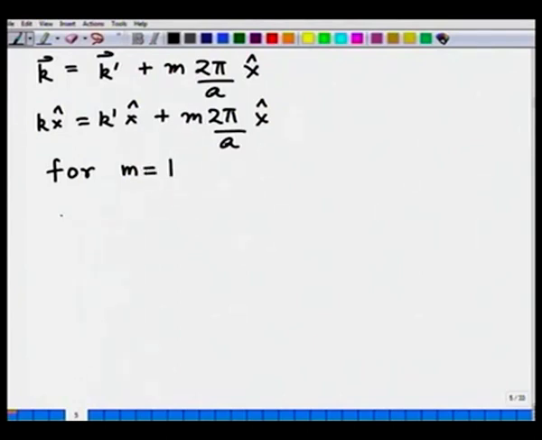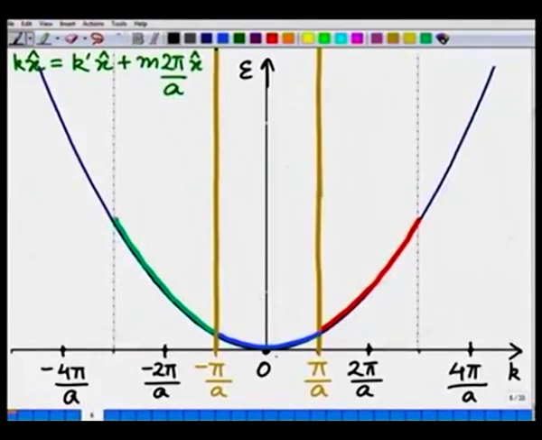Then k is equal to k prime plus 2 pi by a, which means k prime. So, you notice that if I use this lattice point, m equal to 1 means that the capital K vector I am using is this vector from here to here, the next lattice vector.